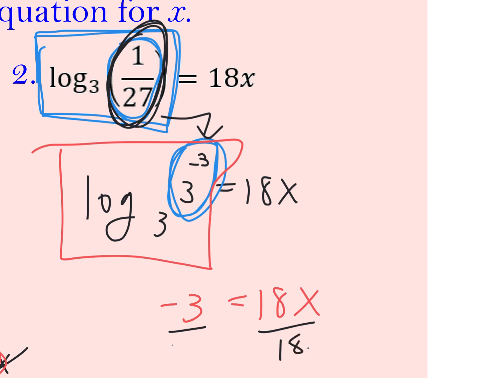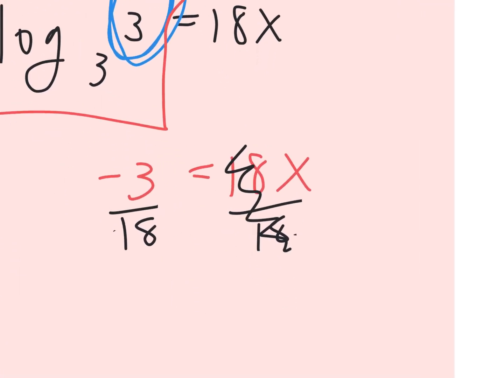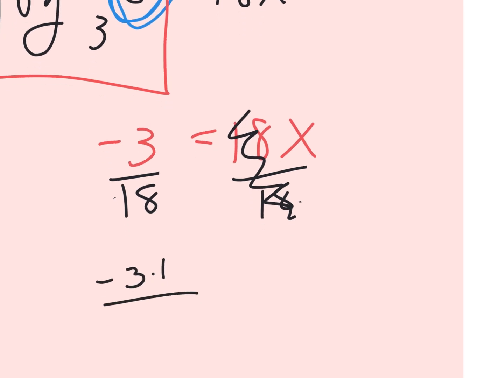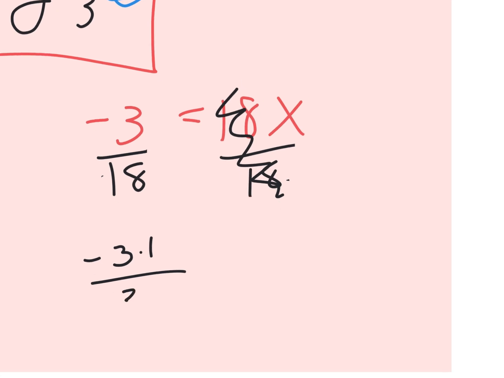Divide by 18. And I personally think the best way to reduce is to factor that and factor this so that that cancels that, -1/6. You can reduce it in your head, that's fine. Just trying to show my work.